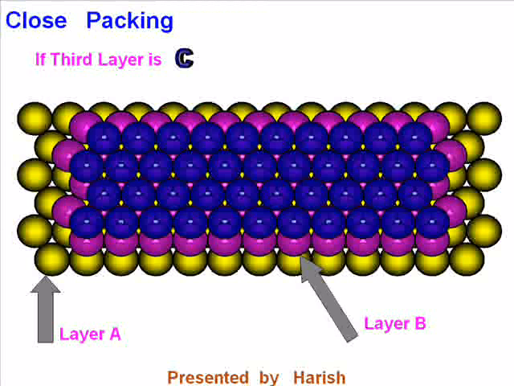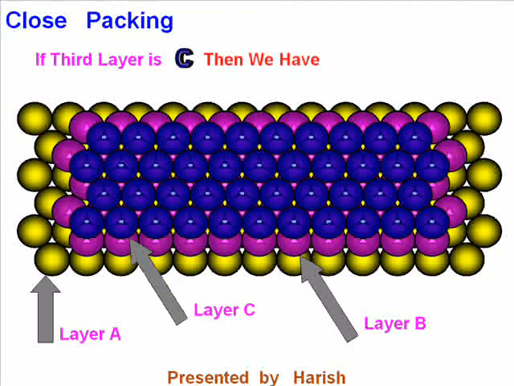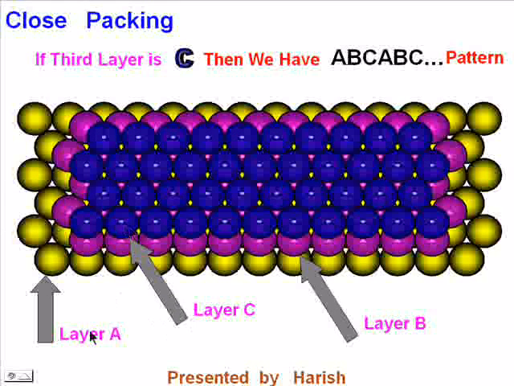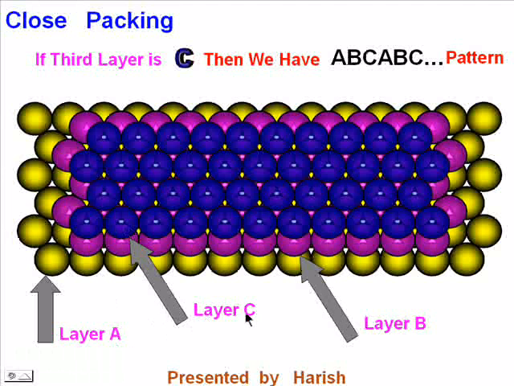So this is the third layer, and this is layer C. Okay, so we have ABC. Why is this C and why was it A in the earlier case? Because it's exactly above it. That's why it's no different from earlier. The third layer was no different from layer A. This time this layer is different from layer A. So you have an ABC type of closed packing arrangement.